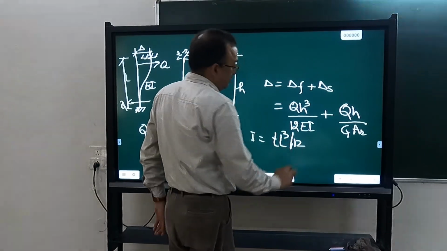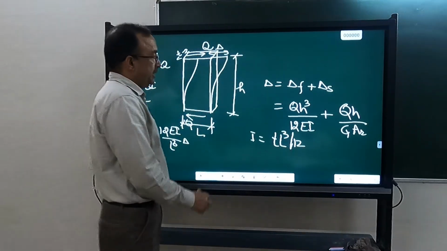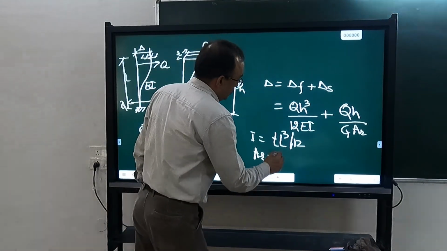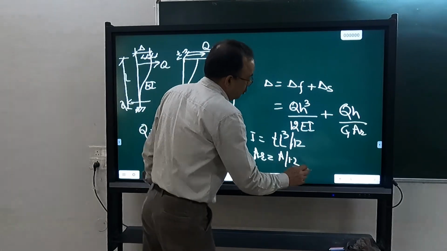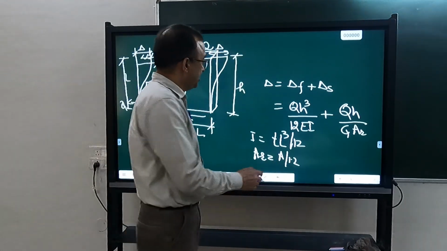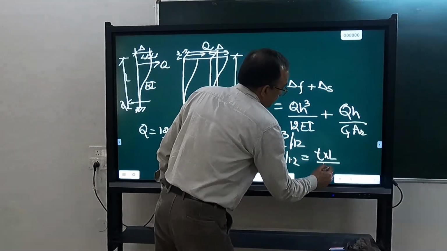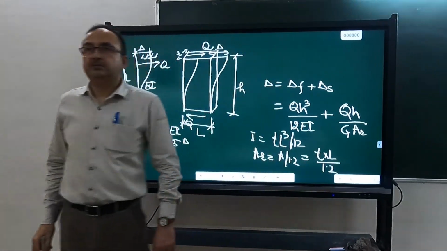T L cube over 12. And how much is AR? AR is A over roughly 1.2 to 1.5, that factor is there. So that is T into L over 1.2.